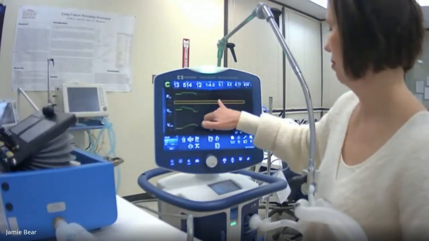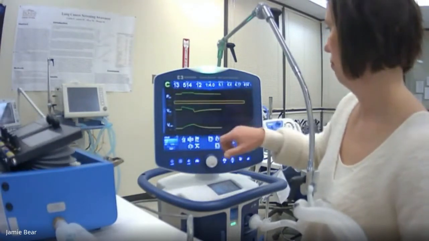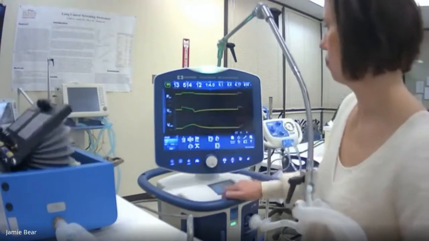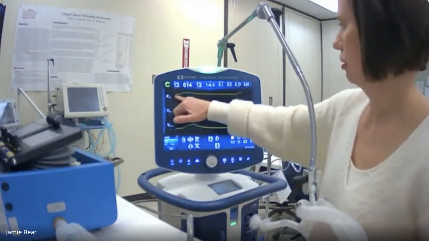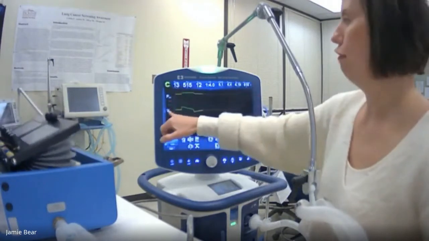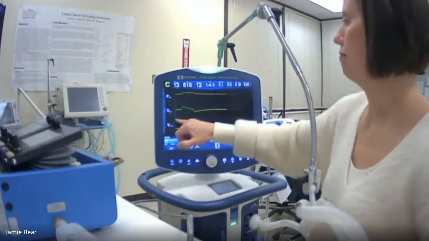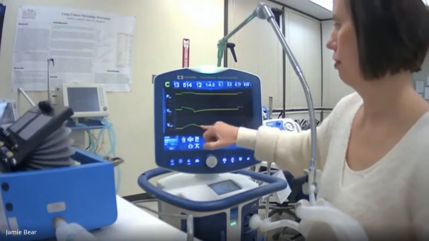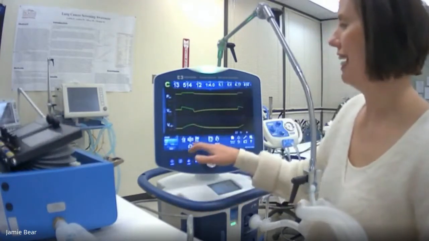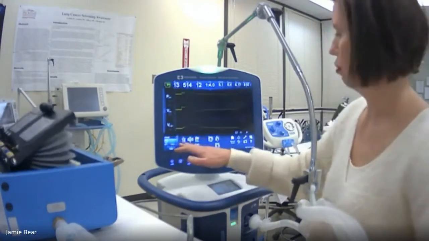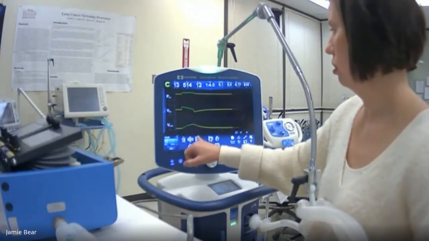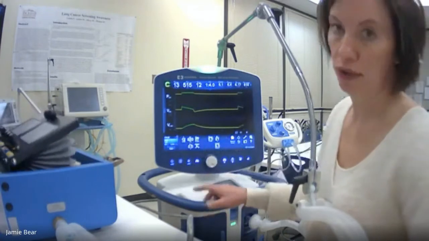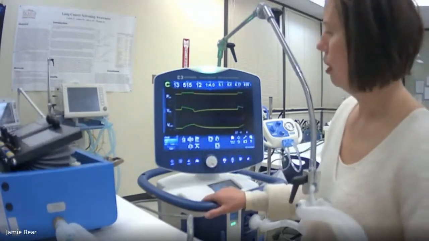That looks pretty good. Okay, so pressure versus time, flow versus time, tidal volume versus time. So we are in assist control, volume control, where of course we are setting a peak flow. Okay, so we know that we're in volume control.